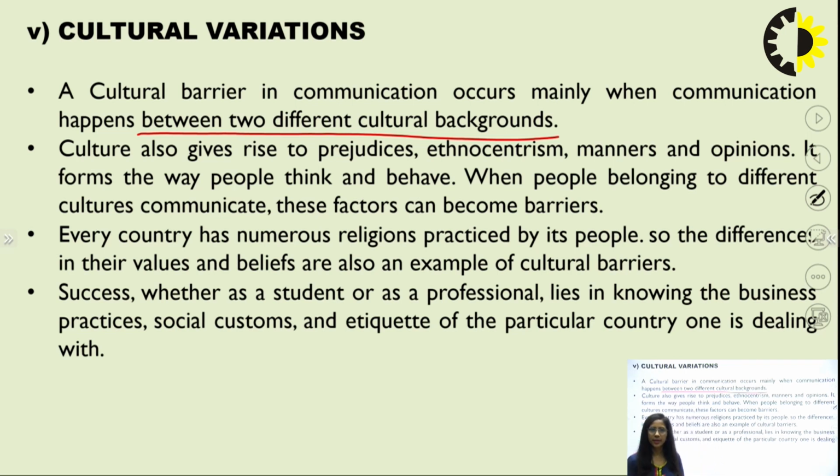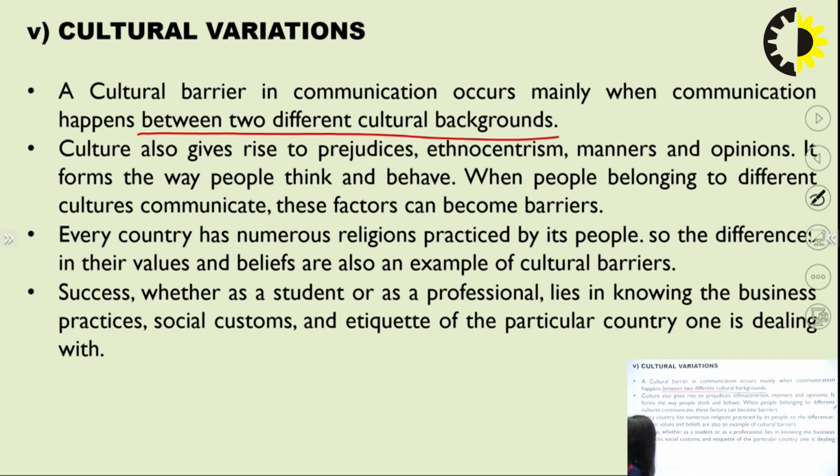Here, mutual understanding between communicators is very important for the effective and fruitful process of communication. Every country has numerous religious practices by its people, so the differences in their values and beliefs are also an example of cultural variation or barriers.